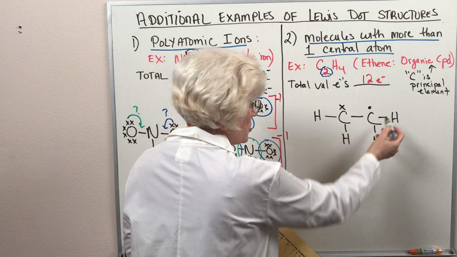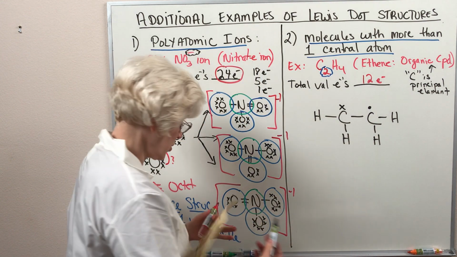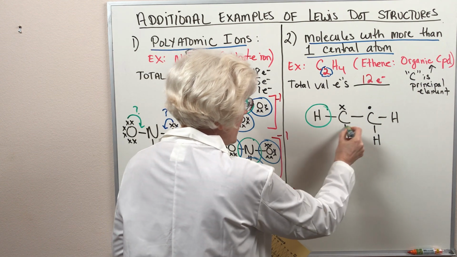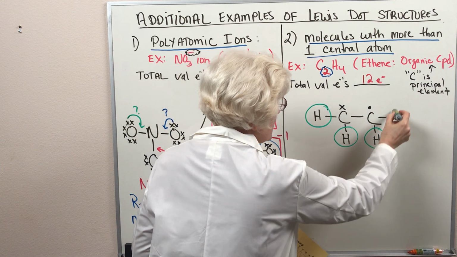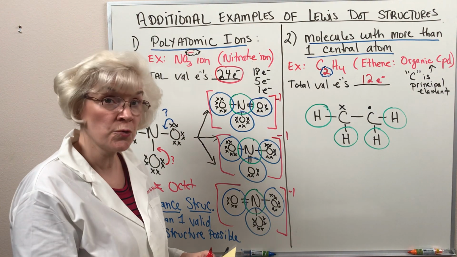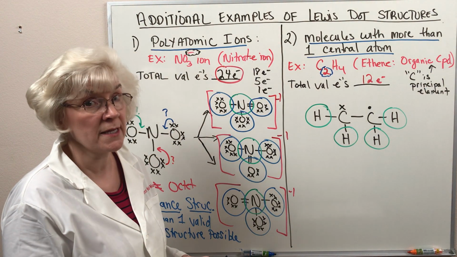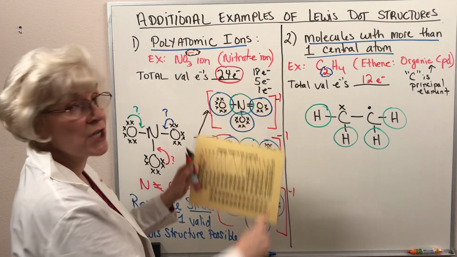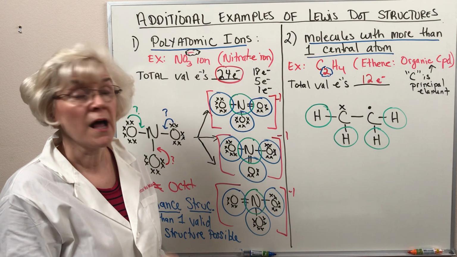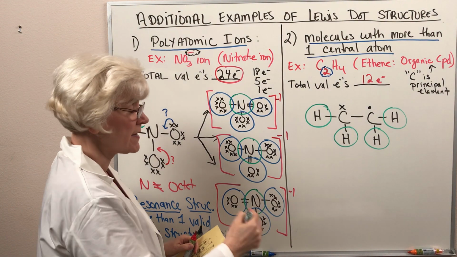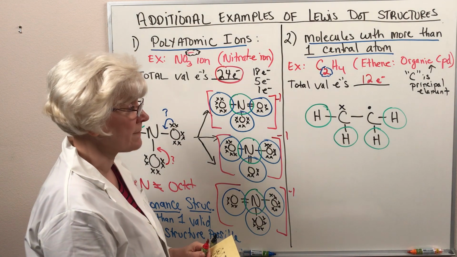Each hydrogen has a total of 2 valence electrons, and that is exactly what hydrogen is interested in because hydrogen and helium follow the duet rule, not the octet rule. They are found in period 1, which can only hold a total of 2 valence electrons in that first energy level that period 1 elements represent.